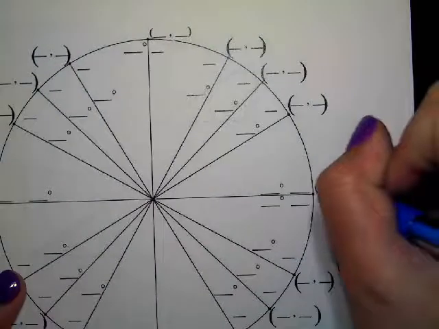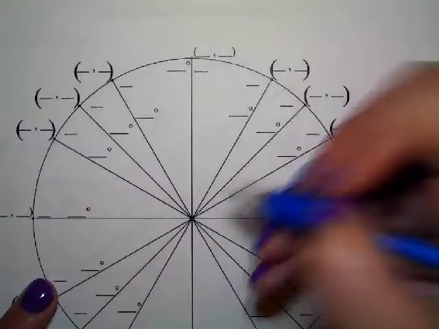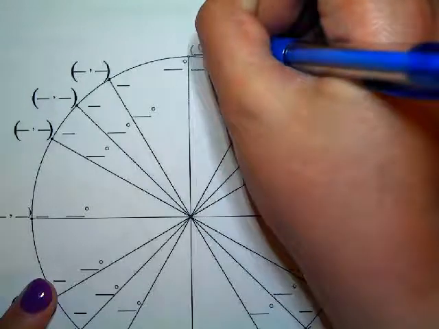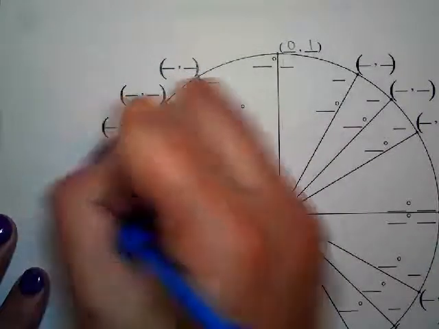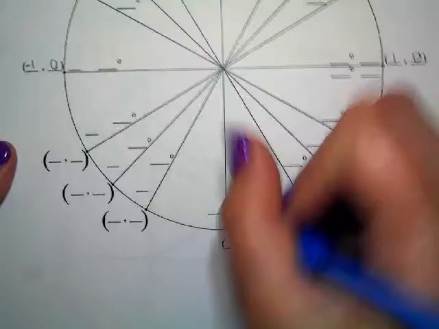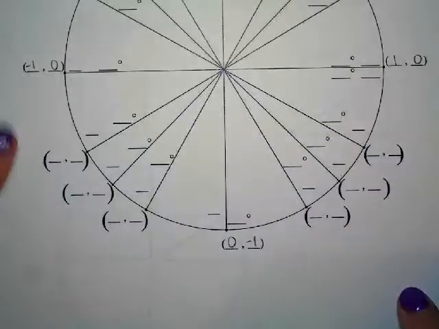So this would be 1 for x and 0 for y. We can go up 1, so that would be 0 for x and 1 for y. We can go left 1, negative 1 for x, 0 for y. And then we can go down 1, so that's 0 for x, negative 1 for y.